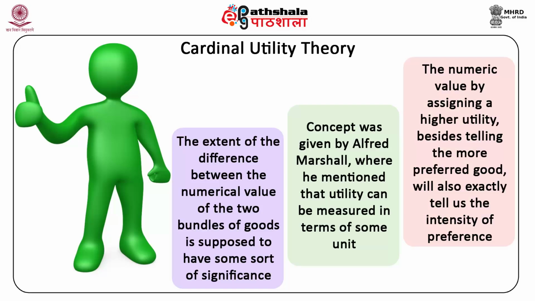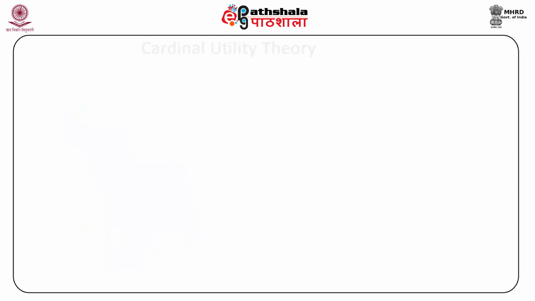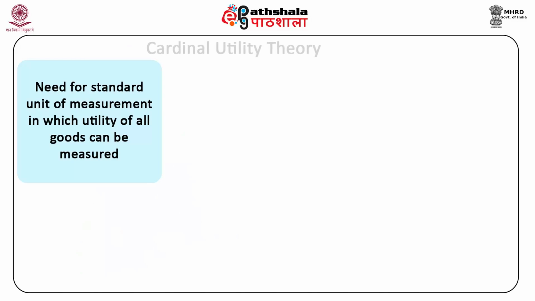The numeric value, by assigning a higher utility, besides telling the more preferred good, will also exactly tell us the intensity of preference. This reveals that a cup of tea gives twice as much utility as a cup of coffee. For this, we require a standard unit of measurement in which utility of all goods can be measured.